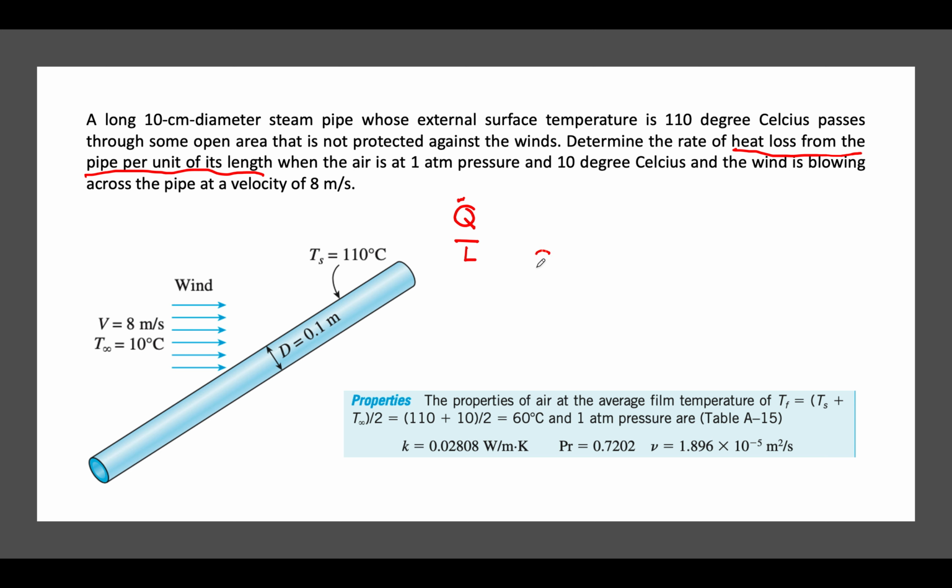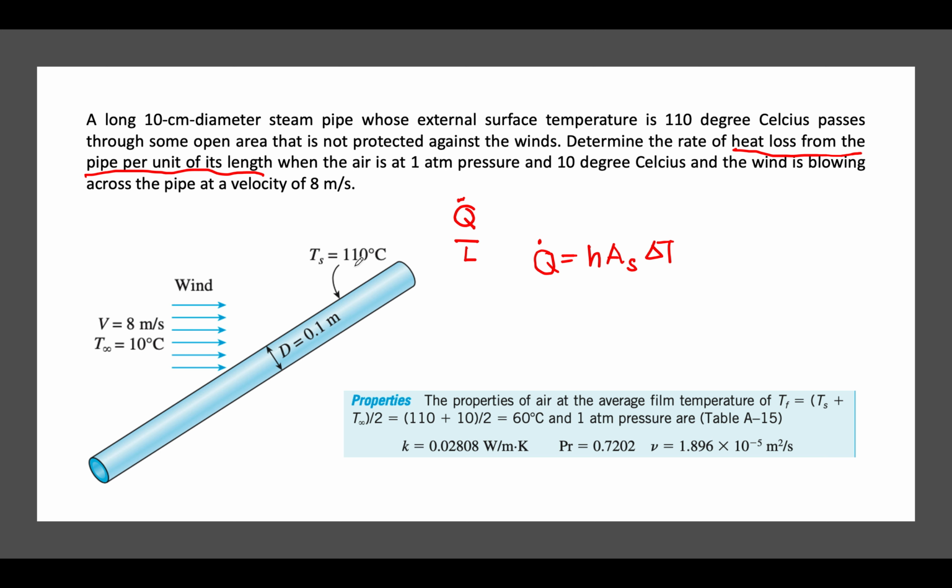from the rate of heat transfer, we know that the equation is h times the surface area times delta T. So here T infinity is 10 degrees Celsius and your T surface is 110 degrees Celsius.